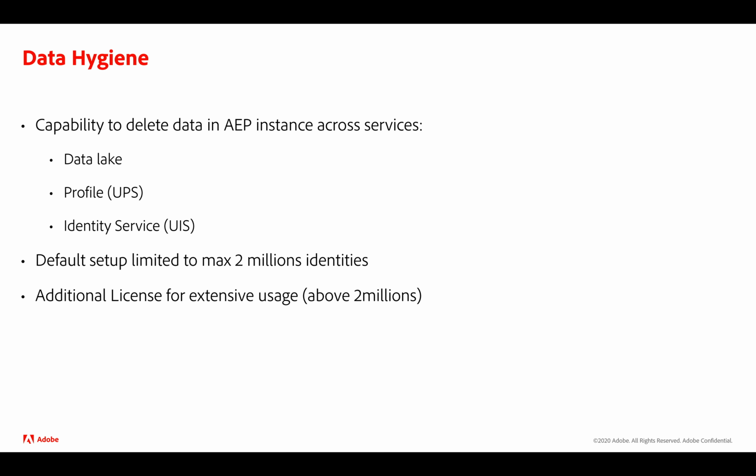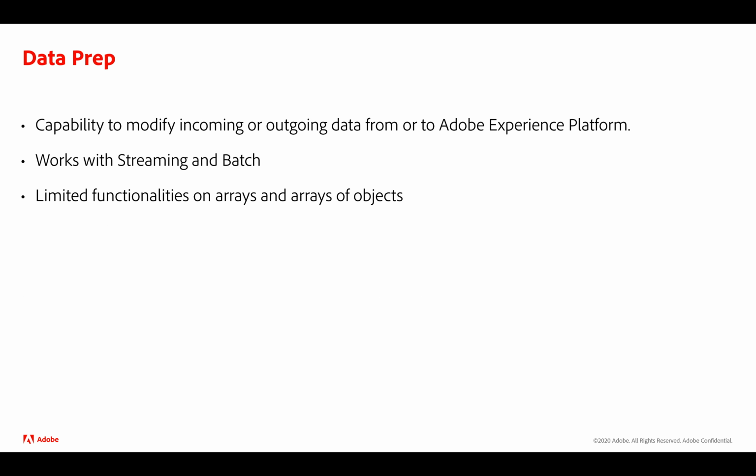The calculation is quite complex, based on the number of profiles your license accounts for. So 2 million is not the default. It's the max that the default can allow you. If you want more than the max can allow you, and your max may not be 2 million, as I was explaining, you will need to add additional packages.